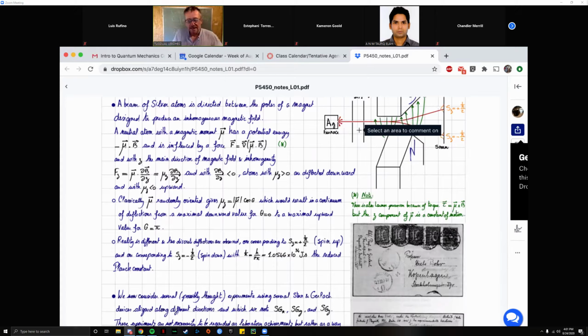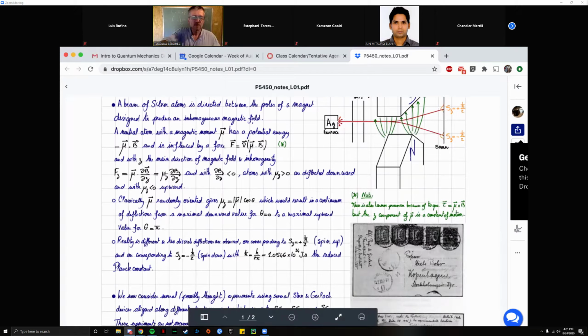And then depending on the Z component of the angular momentum of one given atom, and therefore depending on the Z component of the magnetic moment of that atom, that atom is going to drift upward or downward by an amount that is set exactly by the Z component of the magnetic moment.